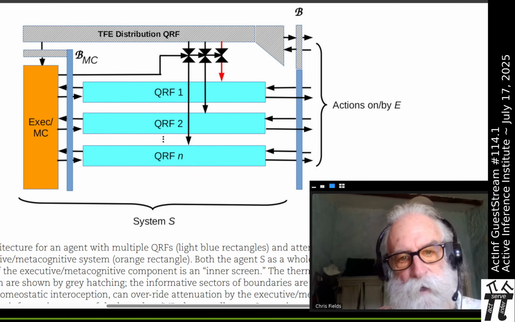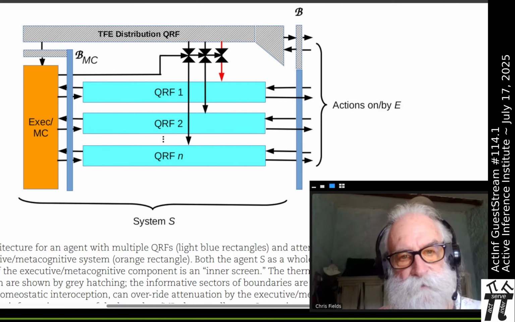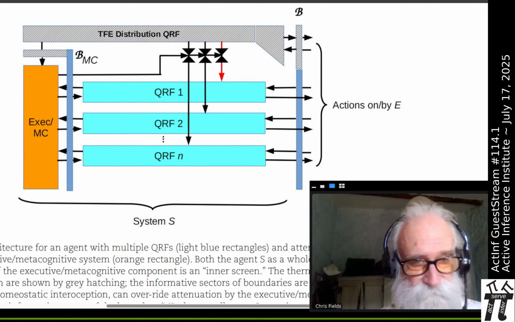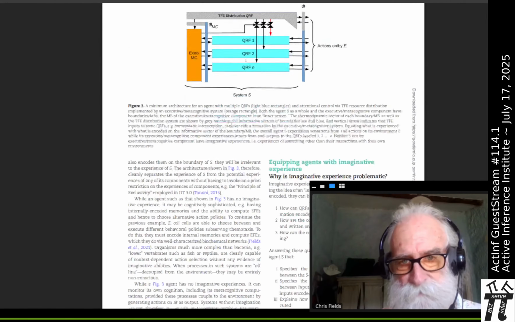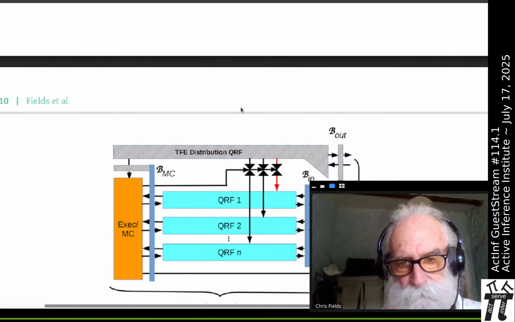So to make a model of imagination in this active inference framework that's realistic for the animals that we know about, we need to engage these perceptual modules. The solution to doing that is pretty straightforward. If you'll scroll down to figure 4, please, Daniel. What we do is just add another boundary.